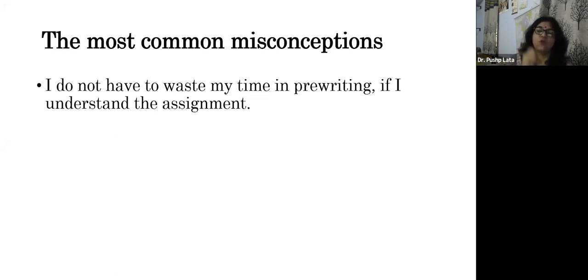I need to see what ideas I want to put across. If I'm writing about the use of mobile phones for teaching, I need to talk about what the major features are, what I can use it for, and what the activities will be. Then I can see what the major benefits of using my mobile phone for teaching are, and why other teaching aids may not be that effective.